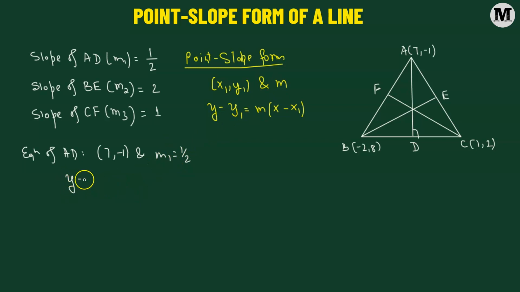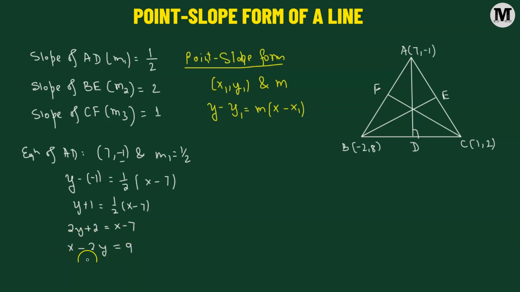So we get y minus y1, here y1 is -1, equals half times x minus x1, where x1 is +7. This gives us y plus 1 equals half times x minus 7. Multiplying throughout by 2, we get 2y plus 2 equals x minus 7. We have x minus 2y equals 9. So that's going to be the equation of our altitude AD.